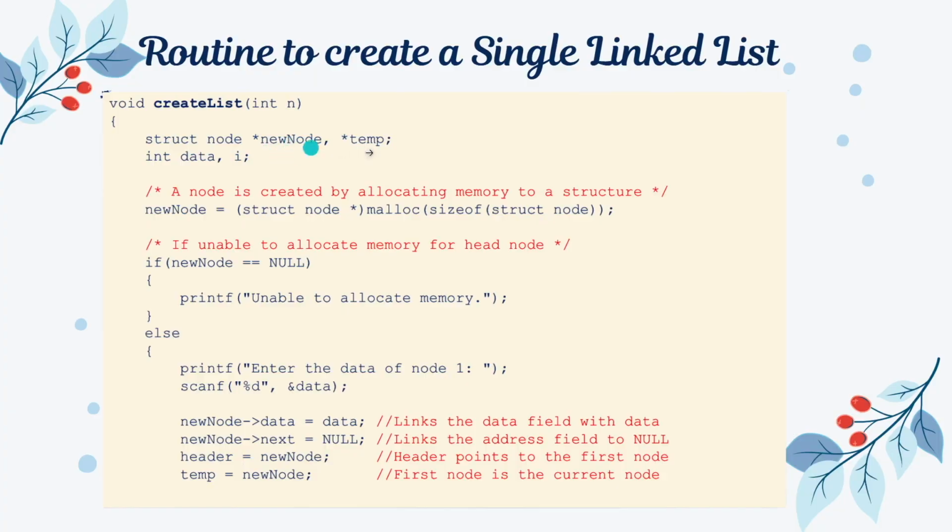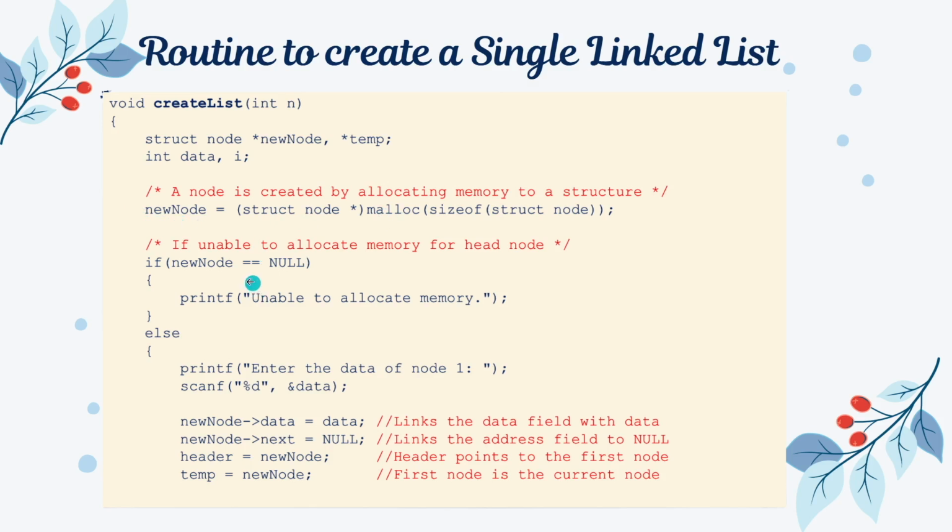Having seen how to create a one node list and how to make up a chain of nodes, now we actually see the routine to create a single linked list. I hope by this time you understand the purpose of every line here. We define two pointers, new node and temp, both of type struct node, and then we have two variables, data and i. First we allocate memory dynamically, and the pointer returned is new node.